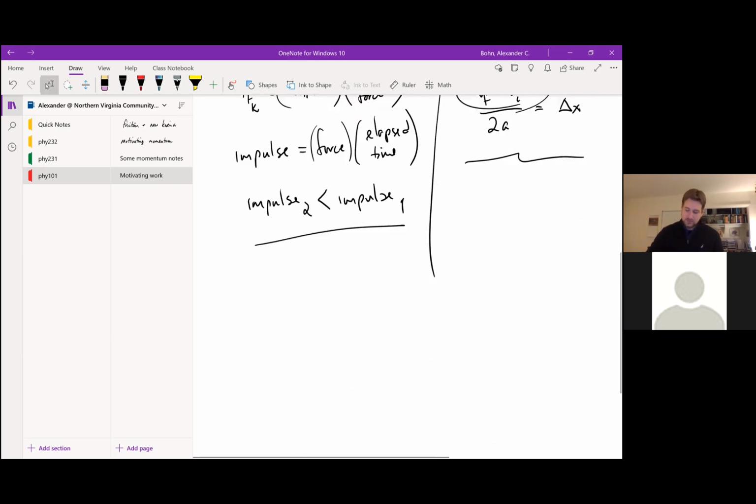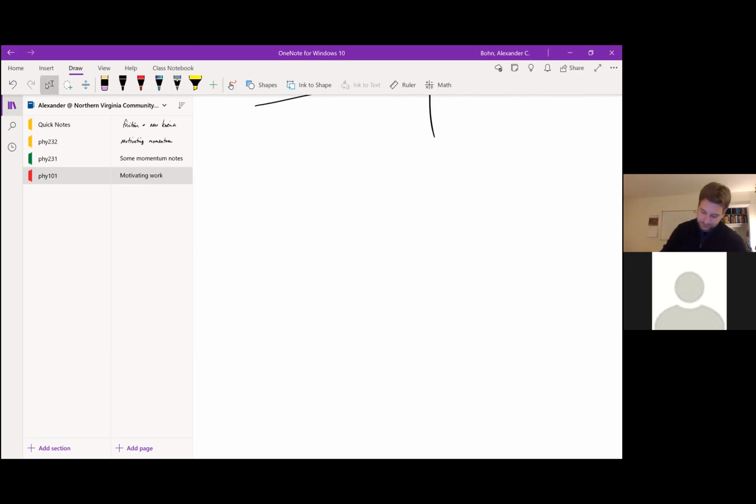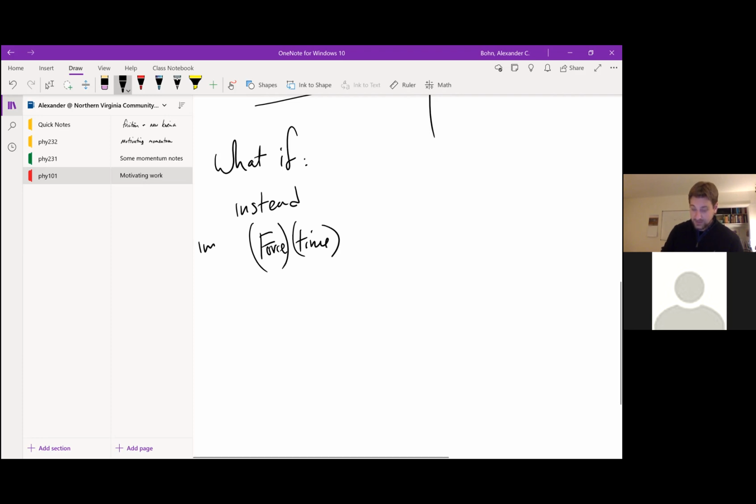What if, just hypothetically, instead of force applied for some amount of time, which we said was impulse, remember, what if instead of that, we said force times distance?